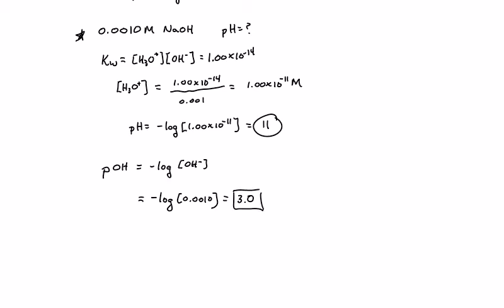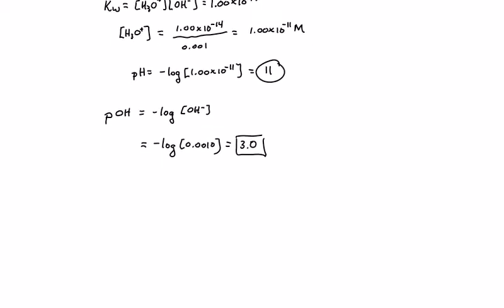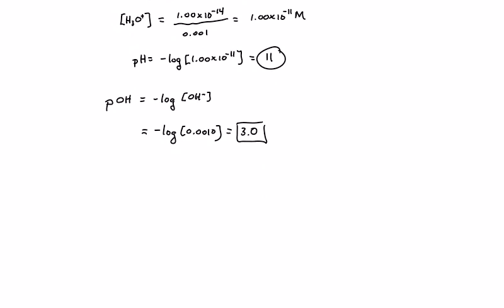Now, notice that when we take 3 and add it to 11, we get 14. And that's actually a very useful relationship that we can invoke. Well, we're going to invoke it quite a bit. The pH of a solution plus its pOH is going to be equal to 14.